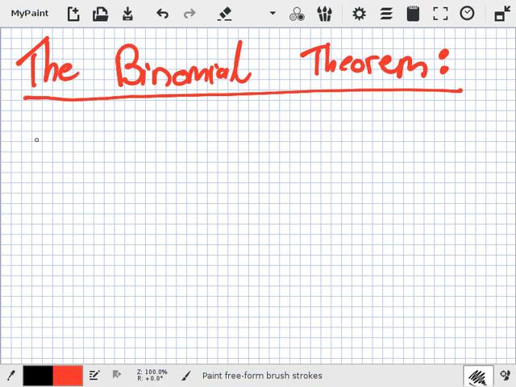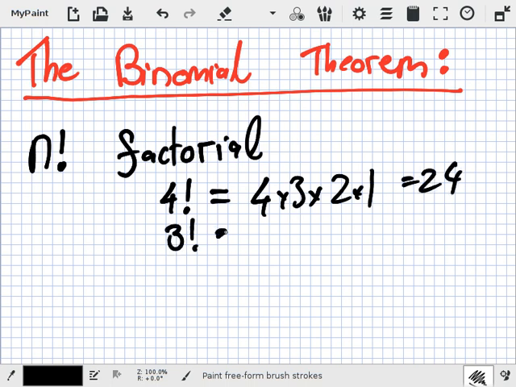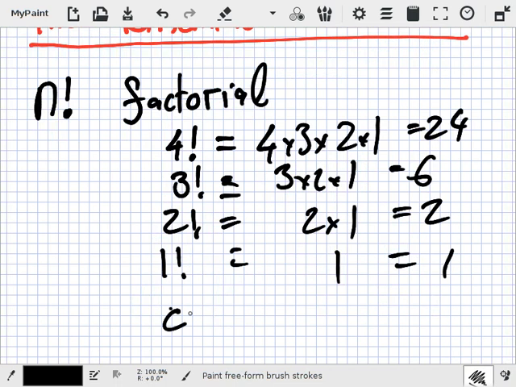So, to get started, some definitions. This symbol here is called factorial. For example, 4 factorial is 4 by 3 by 2 by 1, which is 24. 3 factorial is 3 by 2 by 1, which is 6. 2 factorial, 1 factorial, and then 0 factorial.